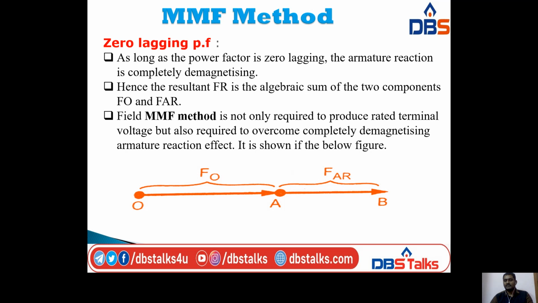That is shown in the below figure, the diagrammatic representation of that point. OA gives the rated terminal voltage, and AB gives the demagnetizing armature reaction effect, FAR.